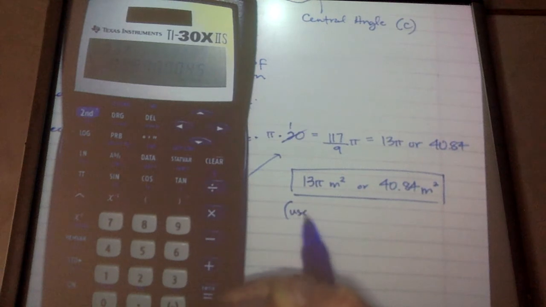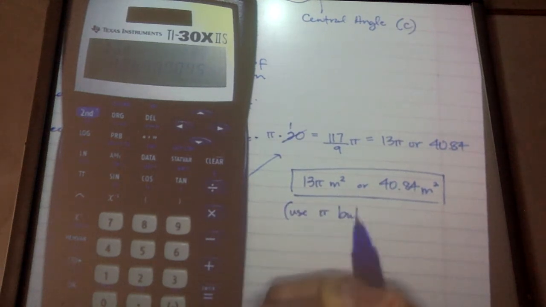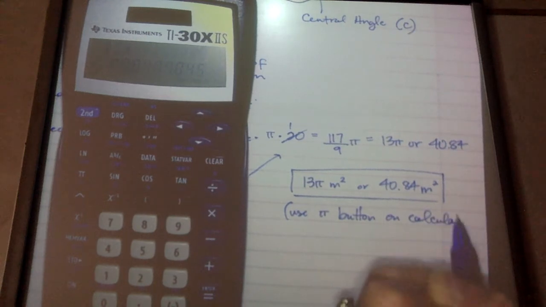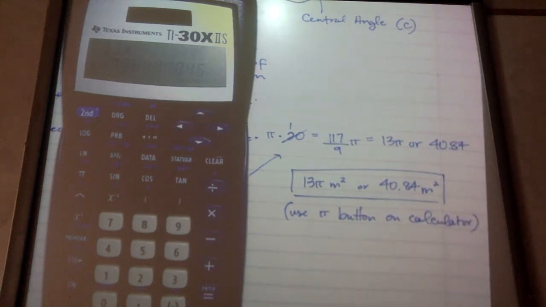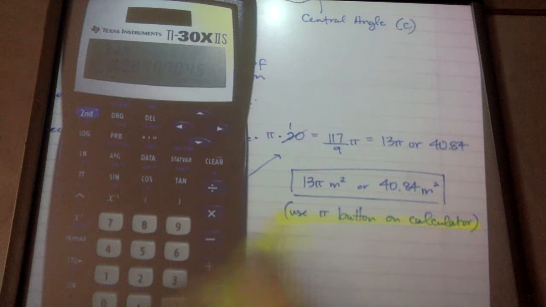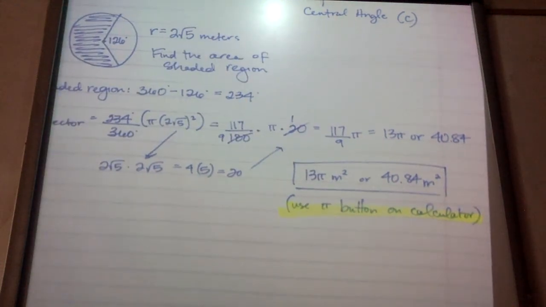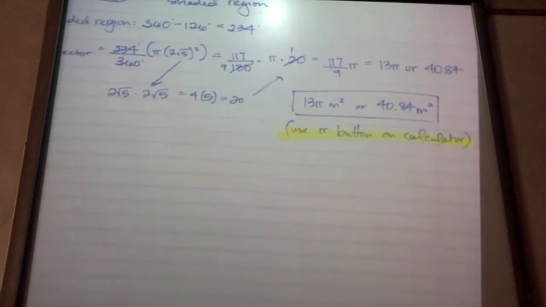And I'm going to put use pi button on calculator. So you'll have quite a few like that in your homework where you're looking for the area of a sector. Now that pretty much sums up this lesson.